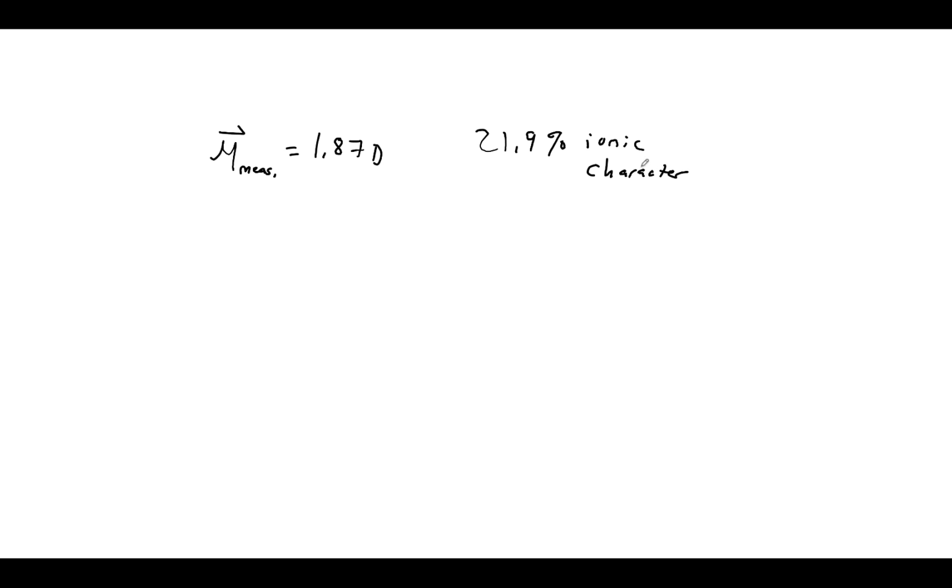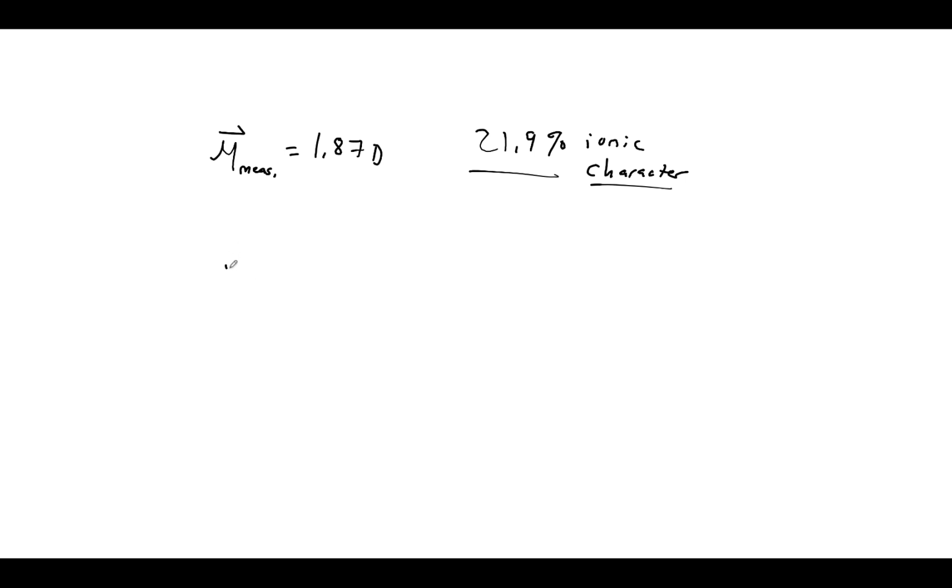What is the typical C-Cl bond length? So the first thing we have to realize here is that we're given a percent ionic character, so we actually have a way to calculate the theoretical dipole if we were to assume complete electron transfer from, in this case, the carbon to the Cl, right?